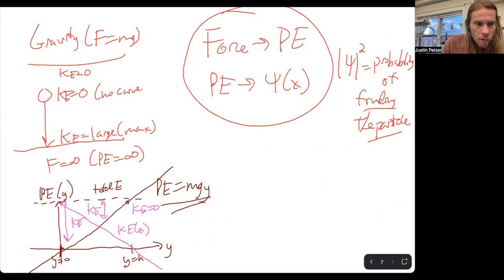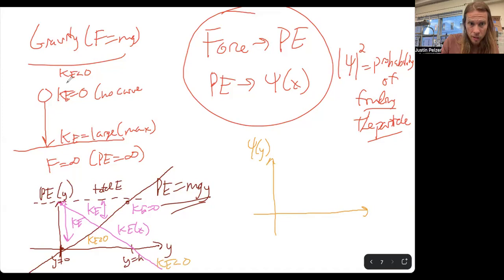Well, let's do it in orange. Psi of y is the curvature, right? So the curvature is the kinetic energy. And I know where kinetic energy is normal, like positive, here kinetic energy is greater than 0, here kinetic energy is less than 0, and that's here, right?